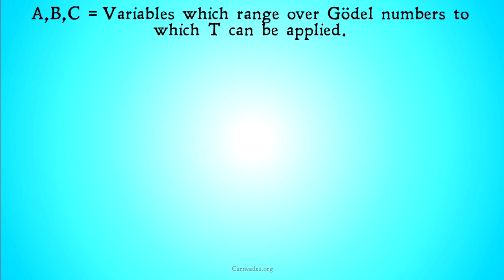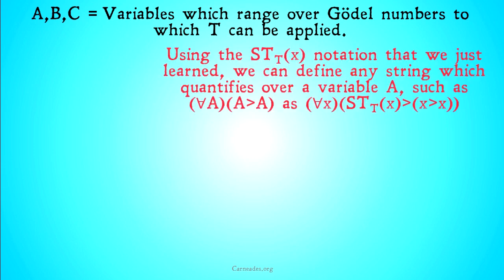Now, A, B, and C are going to be variables which range over Gödel numbers to which T can be applied. So using our STTX notation that we just learned, we can define any string which quantifies over a variable A, such as for all A implies A, as for all X, and X can be anything.